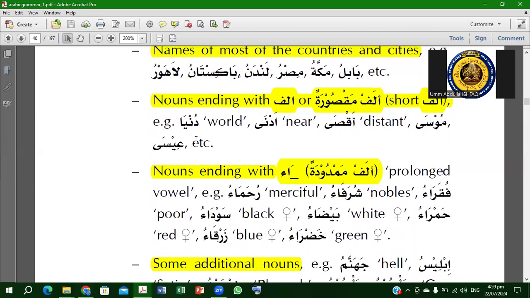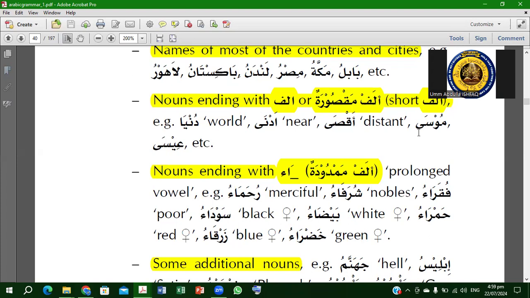The names ending with the alif sound, like Musa, Aqsa, Dunya, they are non-flexible. Okay, now they are non-flexible. Musa in halat rafa, nasab, jar, in all halat, in all statuses, it will always be Musa, never changes.